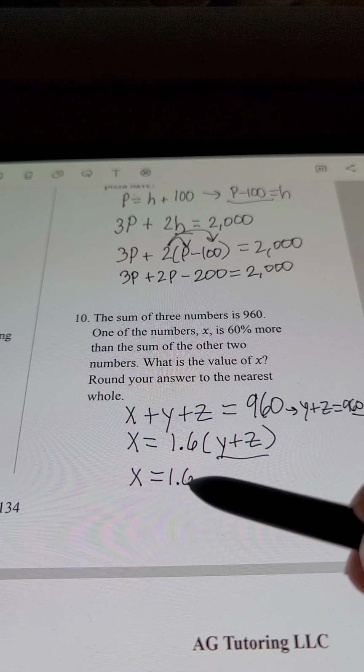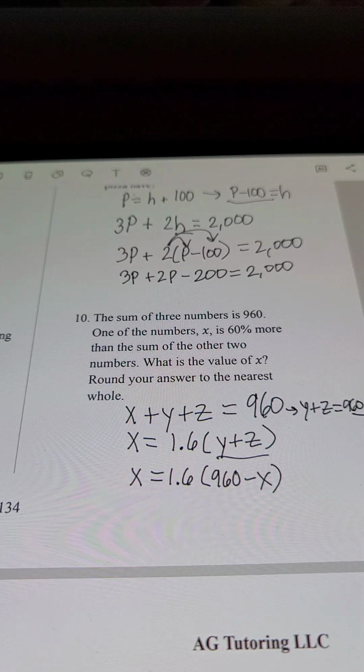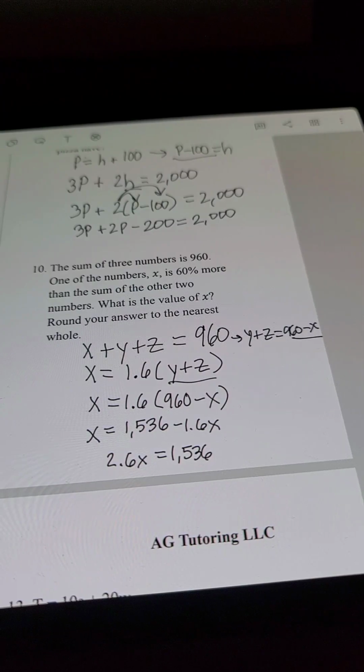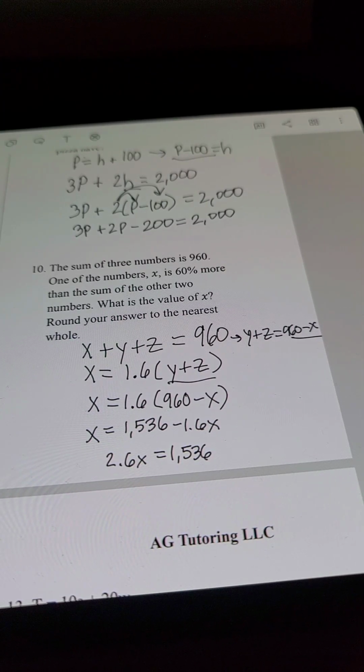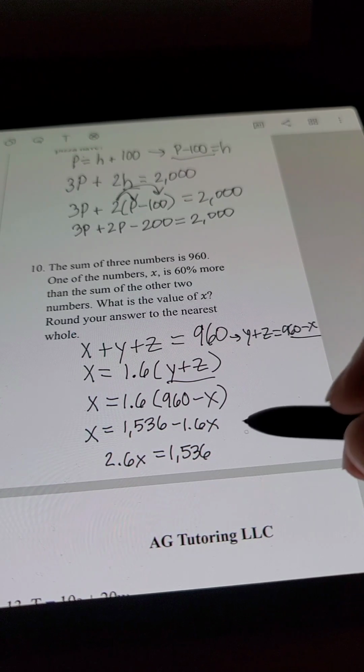So x is equal to 1.6 times 960 minus x. So let's distribute 1.6, and when we do that, we get this. Now I'm going to add 1.6x to each side, and I get this. Now I'm going to divide by 2.6 to get x by itself. So when I do that, I get x is equal to 590.